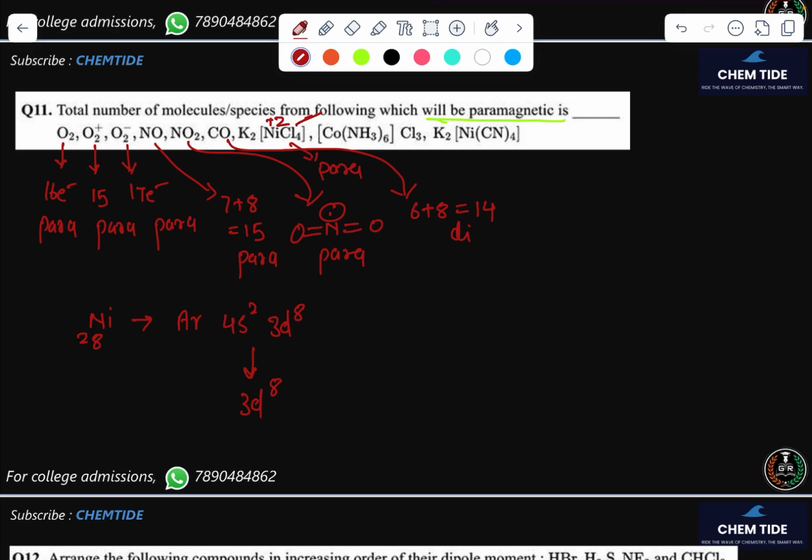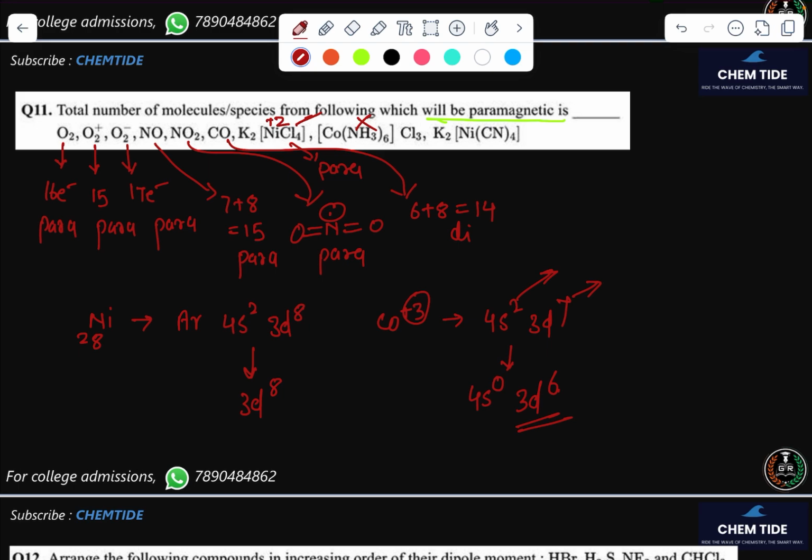Cobalt plus 3, ammonia acts as a strong ligand. Cobalt's atomic number is 27, 4s2 3d7, and with plus 3 you remove 2 electrons and 1 electron, so it becomes 4s0 3d6, forcefully paired up, so it can't be para.